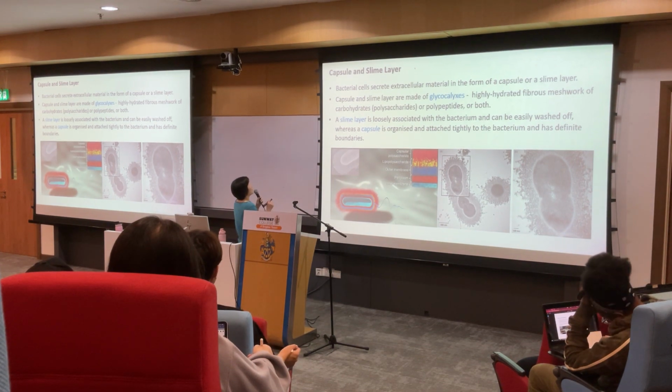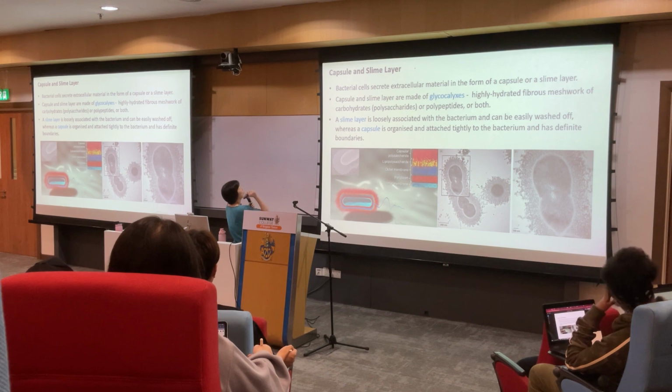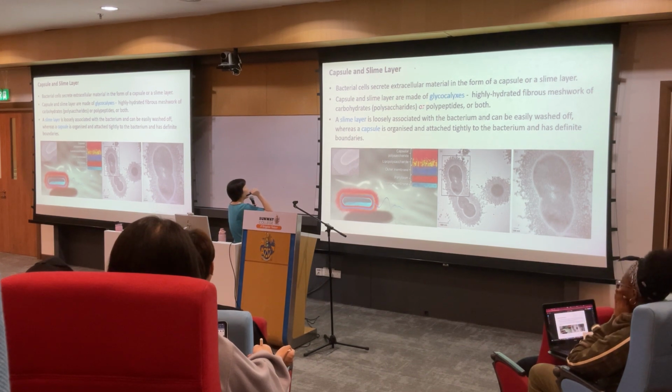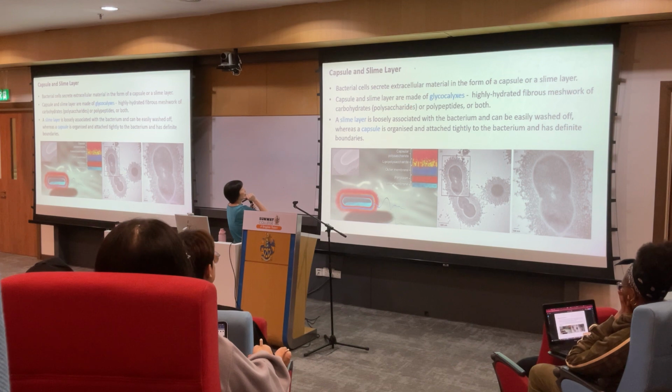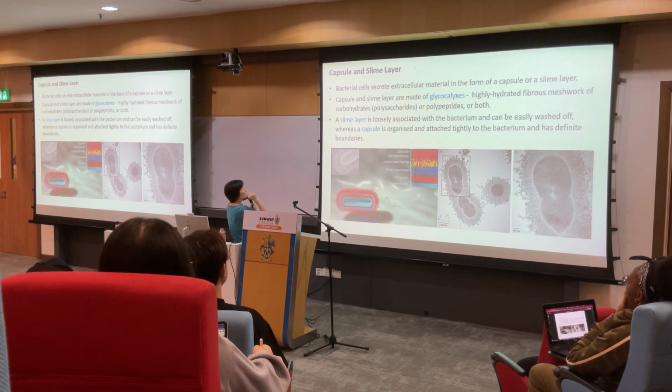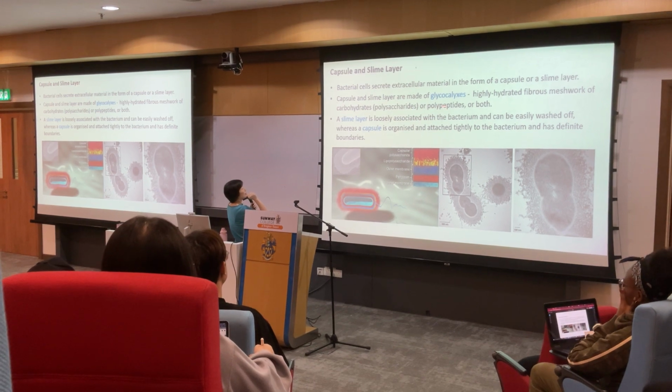So first of all, we look at the capsule and the slime layer. What are they? They are called glycocalyx. Simply, they are a lot of polysaccharide, or carbohydrate polymers. Sometimes they can be polypeptide, or a mixture of carbohydrate and protein. So it can be a mixture or either one.